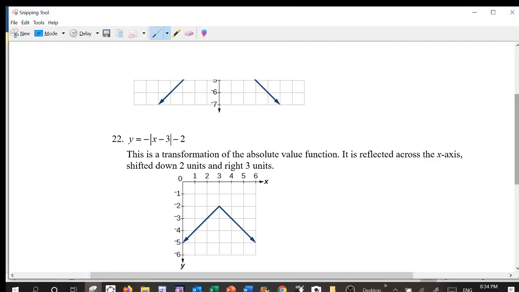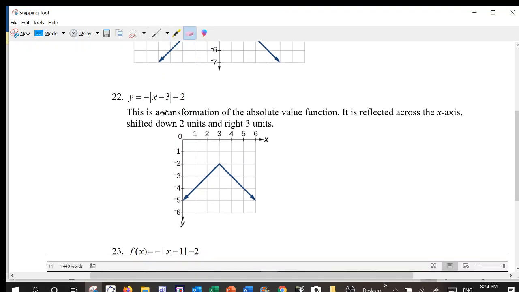So what I can do is just use this space that we are given here. So if we complete this xy coordinate plane, the function is y equals negative the absolute value of x minus 3, minus 2.